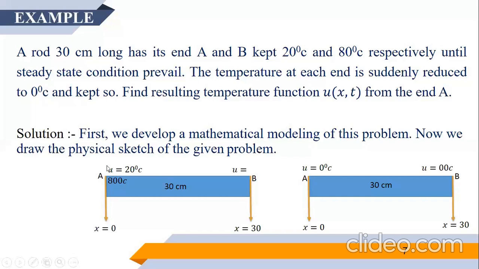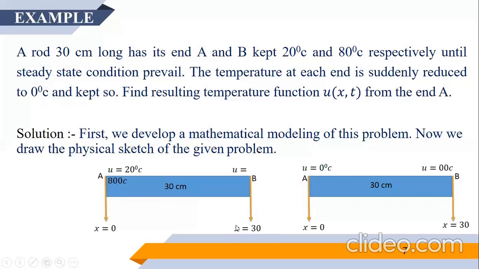Now, in the previous problem 1, we considered u(x,t) as the temperature at time t and space x. So the left end we consider x is 0, the length is 30, so the right end we consider x is equal to 30.